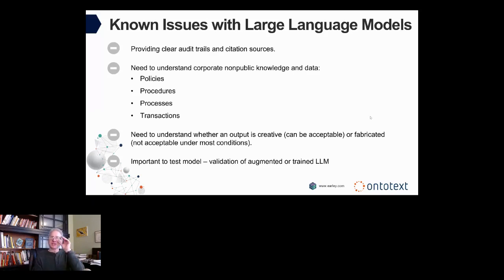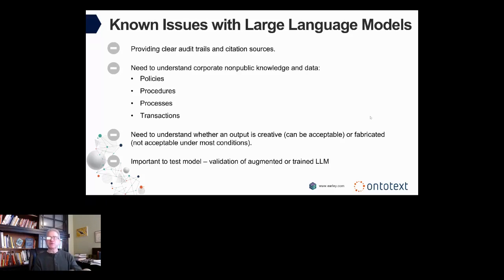Guess where differentiation comes from? It comes from your knowledge graphs, because your knowledge graphs contain your knowledge, your data, your information, your content, your organizing principles, your language, and that has to be leveraged by a large language model based application.